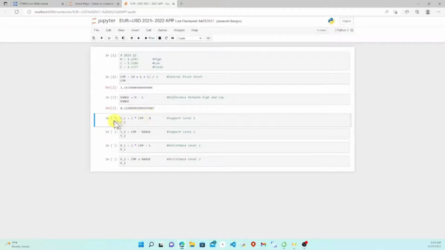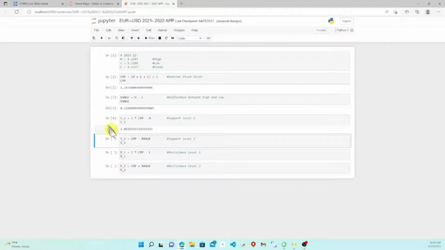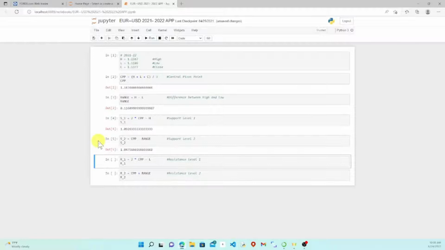Okay, and hopefully you're getting a little review of your Python math operators here with the multiplication and division. Okay, so we're going to run that. And there's our S1 price. Now S2 is calculated by taking the central pivot point minus the range. That's why we calculated the range. So let's run that. And there's our price.